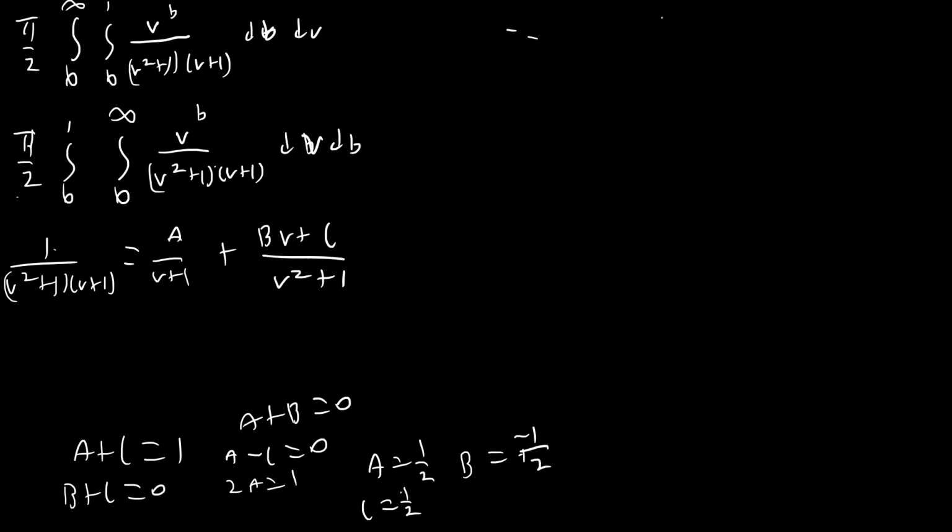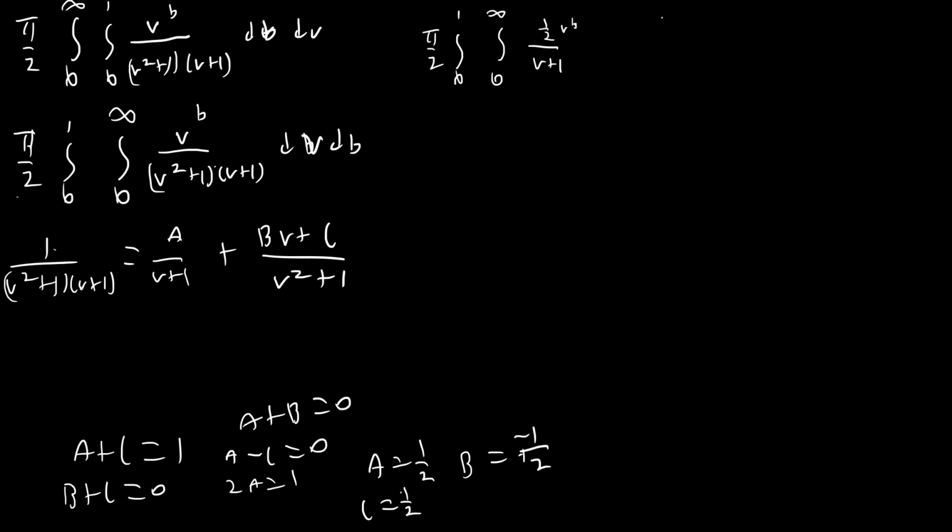All right. So we have pi over 2 integral from 0 to 1 integral from 0 to infinity of 1/2 over v plus 1 times v^b.